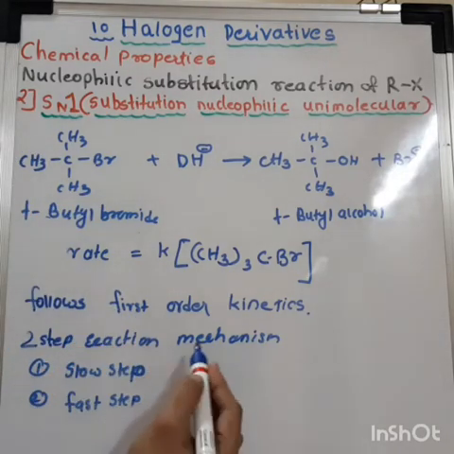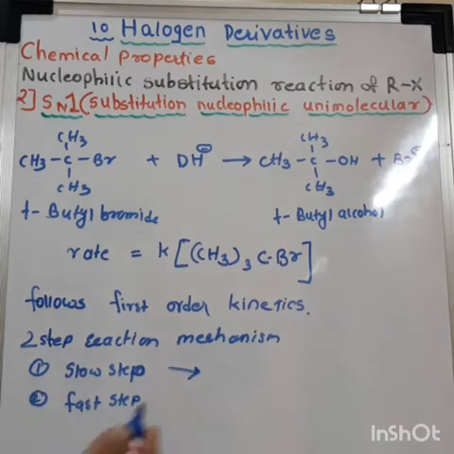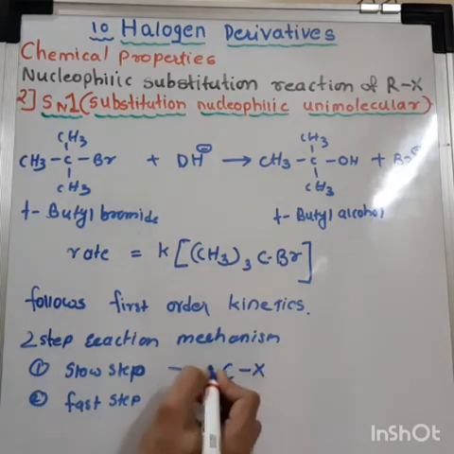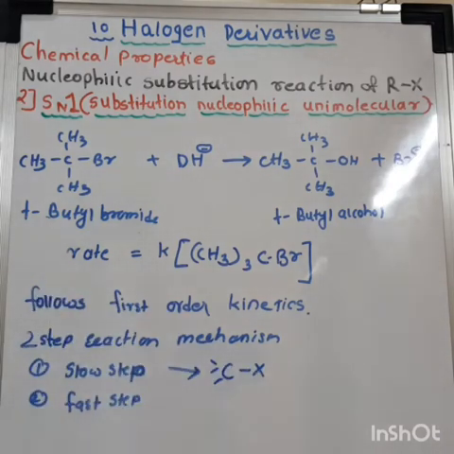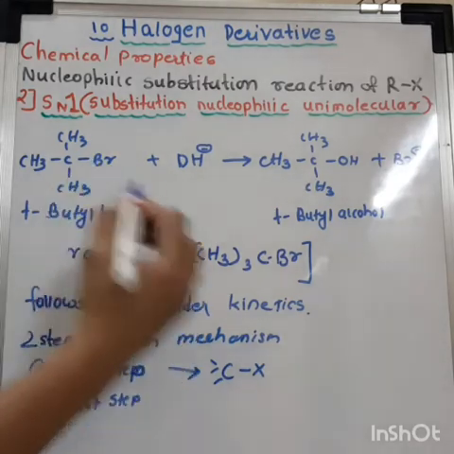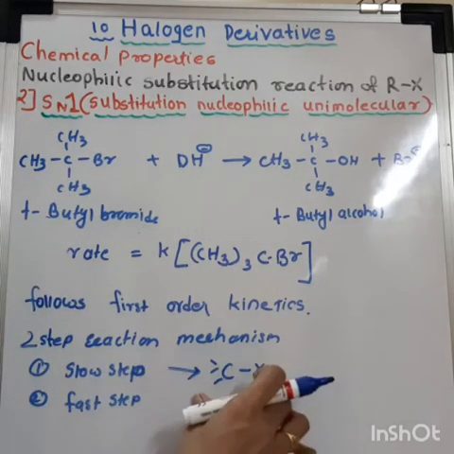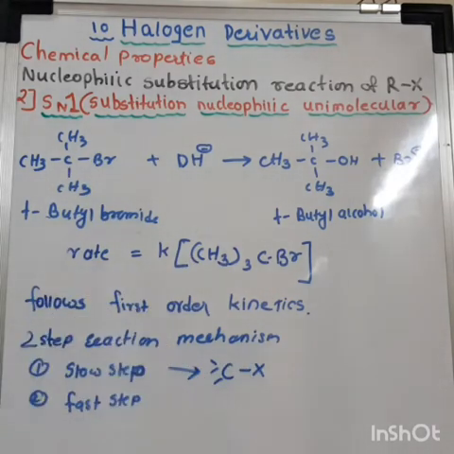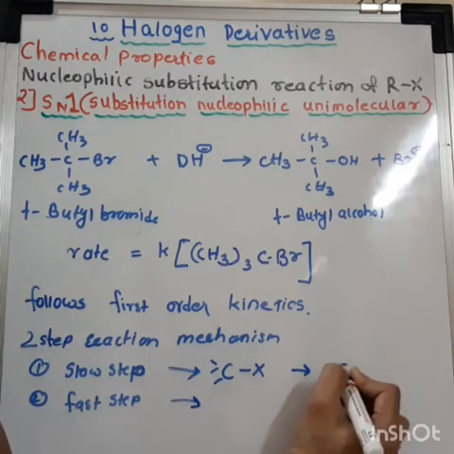In the slow step, C-X bond cleavage occurs, that is the C-X bond breaks in the first slow step and a carbocation is formed as an intermediate.